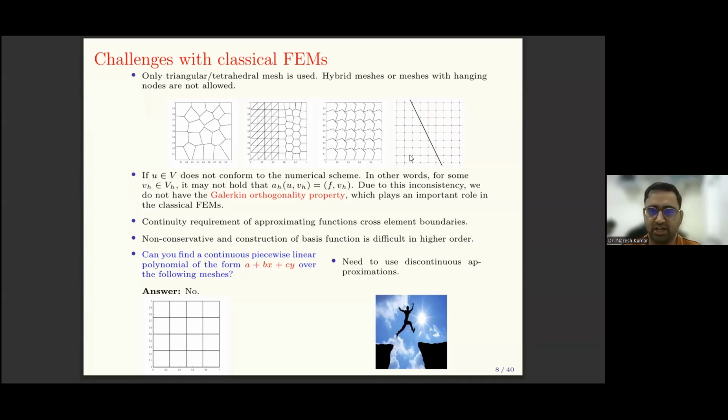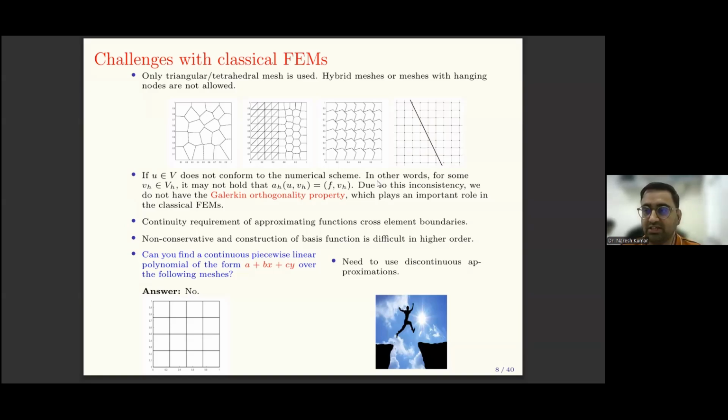Due to this, suppose VH is not a subspace of V, then the equation a(u, v) equals f(v) may not hold, and we may face a problem of consistency. So the Galerkin orthogonality property does not hold. This is also a main restriction in the classical finite element method.